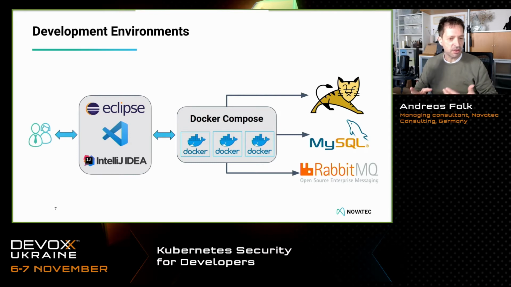You use your Eclipse, IntelliJ IDEA, Visual Studio Code and stuff like that. Just develop your application, and you don't have to deal pretty much with that infrastructure part. So that's one use case that is very familiar, a very famous use case, a very well-known use case for the containers.